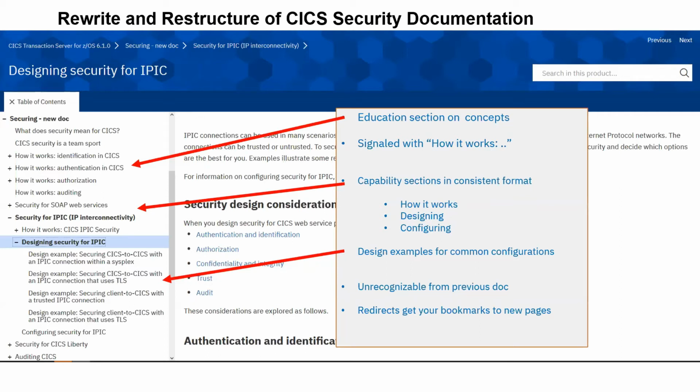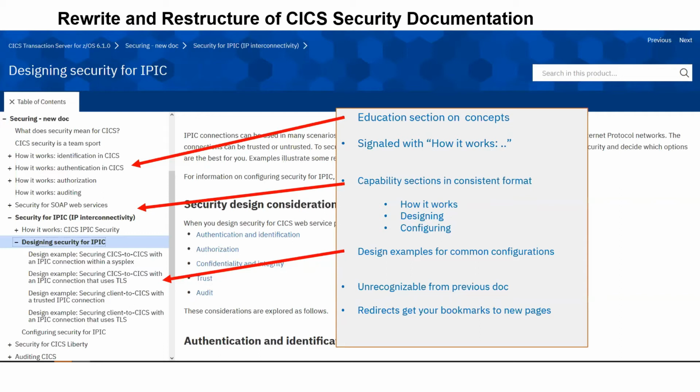So you've got a whole series of sections about how it works, which are the education sections on what security means, trying to use industry terms where possible, but also mentioning the historic CICS terms.